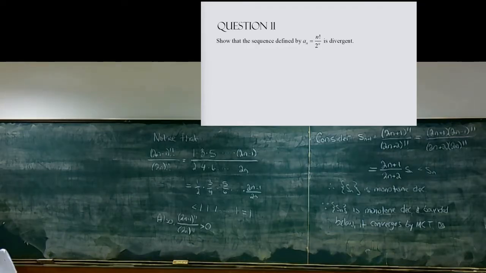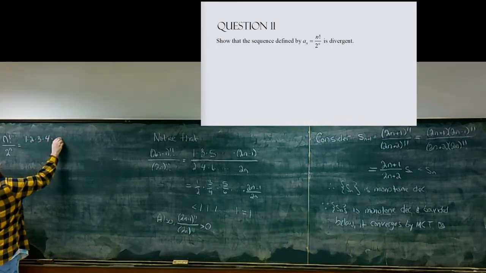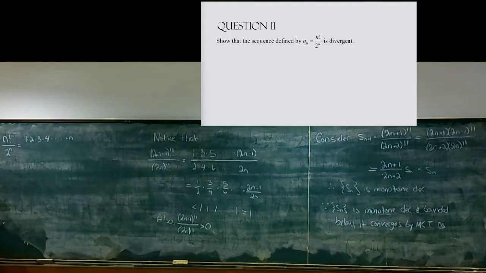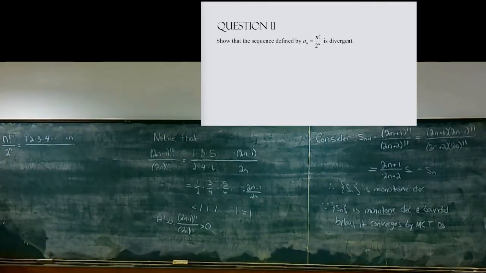So let's start by showing there's no upper bound. If we look at n factorial over 2 to the n, n factorial, right? 1 times 2 times 3 times 4 times 5 times 6 times 7 up through n. 2 to the n.